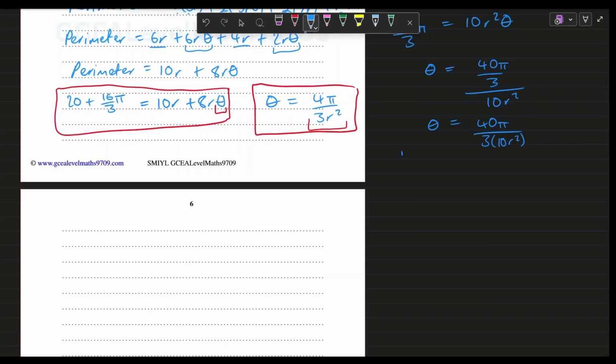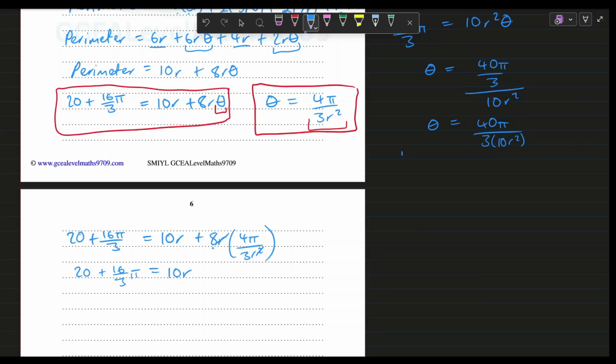So this becomes 20 plus 16 pi over 3 is equal to 10r plus 8r times 4 pi over 3r squared. Notice how this power 2 and the r are going to cancel out, so you end up with 20 plus 16 over 3 pi is equal to 10r.